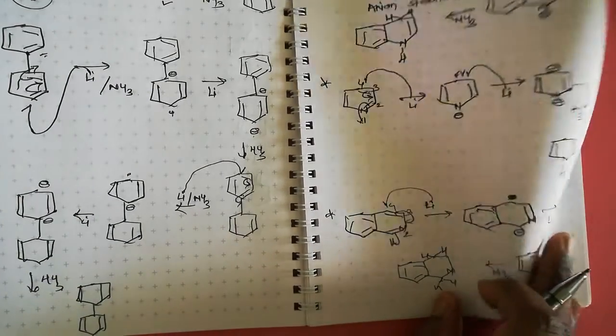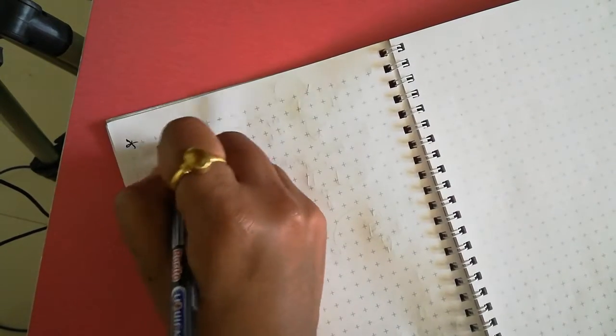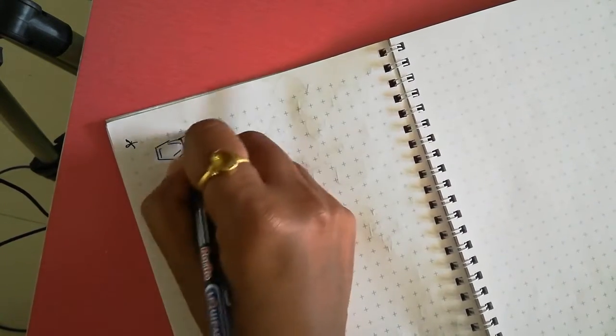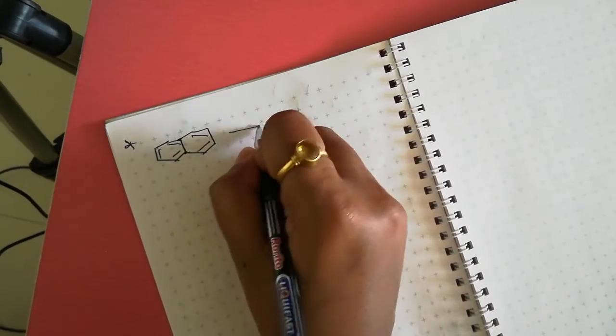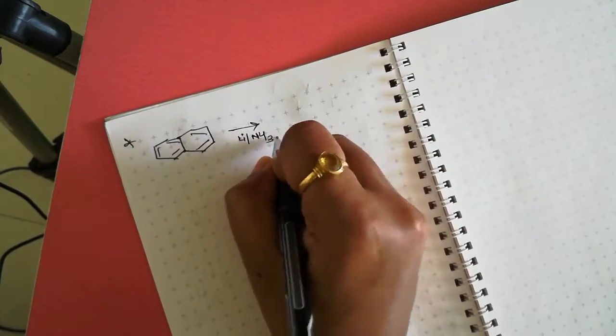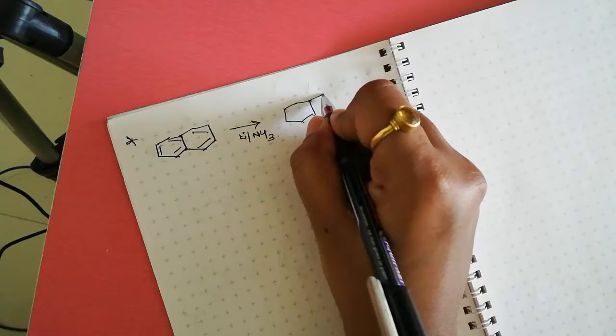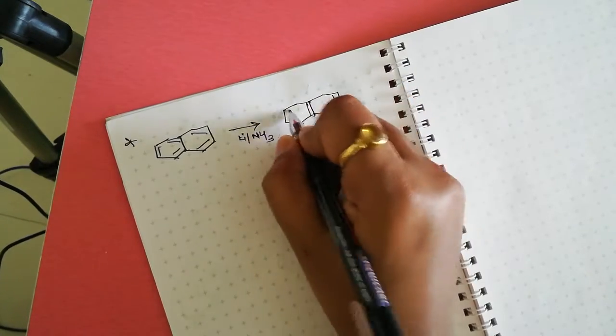Now we can see the next example. If there is a naphthalene, then what is the product? The most substituted double bond is more stable, therefore we get this type of product.